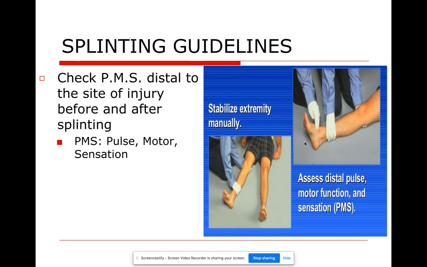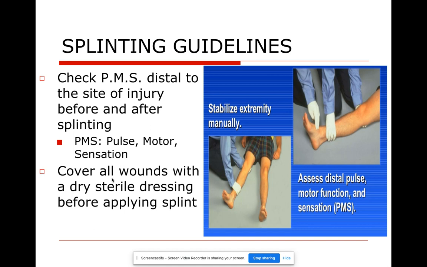So you want to check that before, and then you want to put the splint on and also check it after. Also, if you have any kind of open fractures or wounds, you want to cover all wounds with a dry, sterile dressing before applying the splint to make sure you reduce the chance of infection.